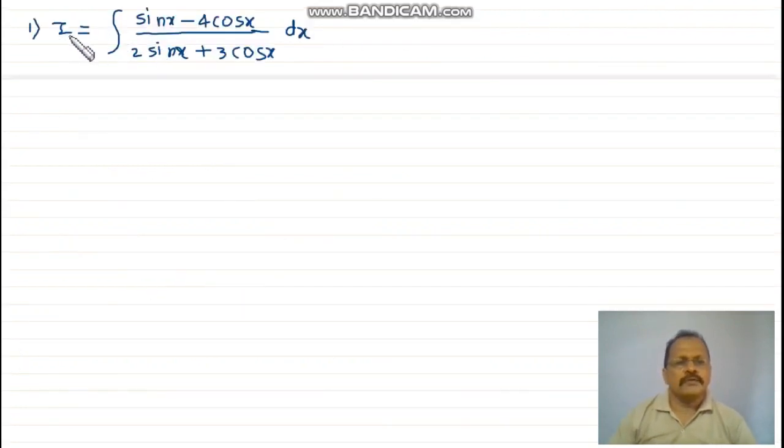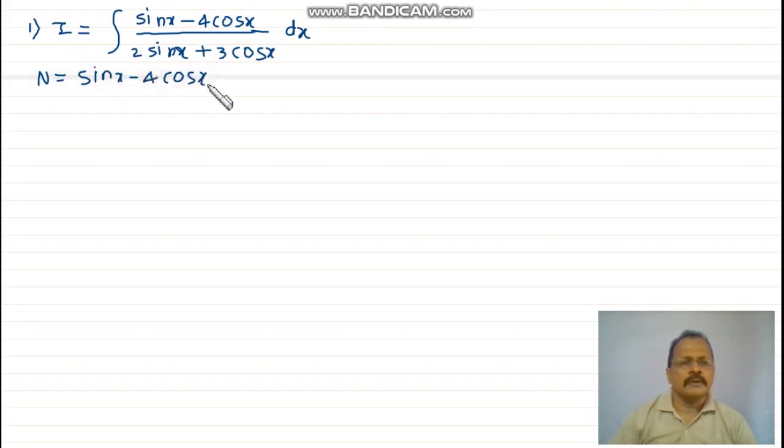Let I equal the integral of (sin x minus 4 cos x) upon (2 sin x plus 3 cos x) dx. Here the numerator is sin x minus 4 cos x and the denominator is 2 sin x plus 3 cos x.